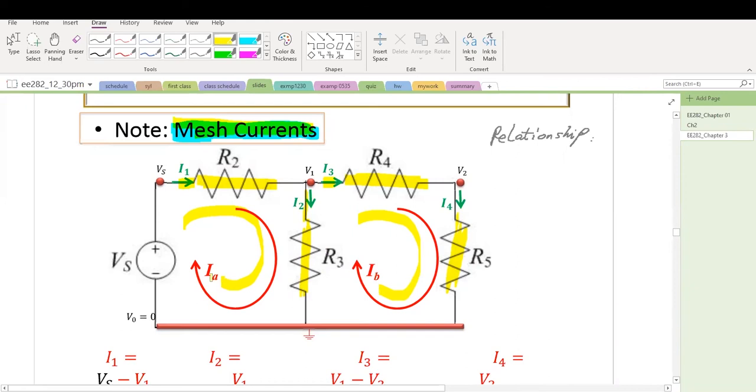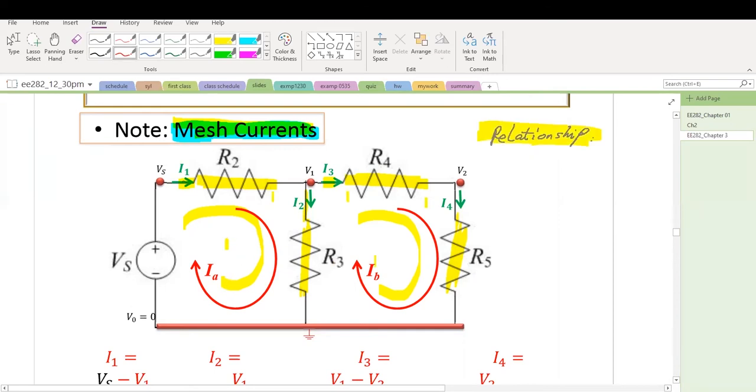IA flows this way, and IB flows this way as well. Normally, for simplicity, we always define the mesh current direction clockwise. But if you want to define it a different way, you can, nothing wrong with that. Just be a little careful with the directions.